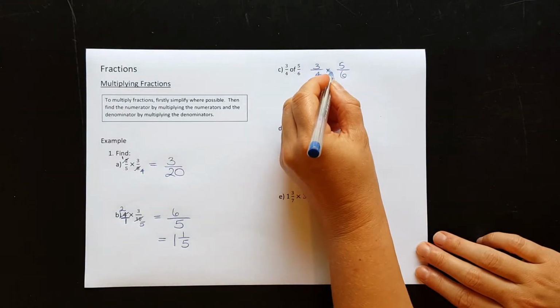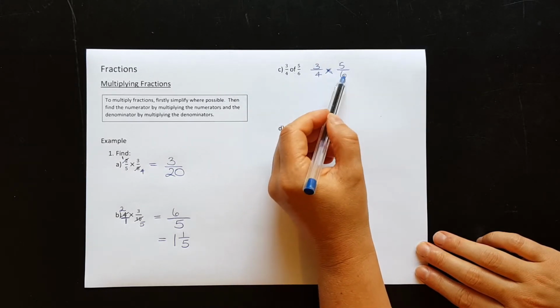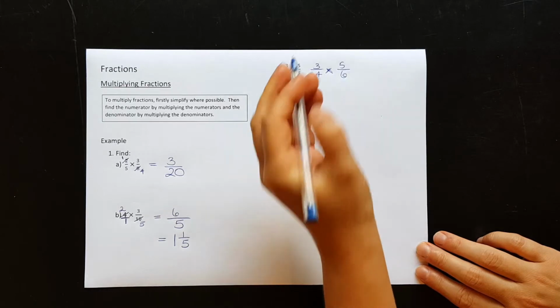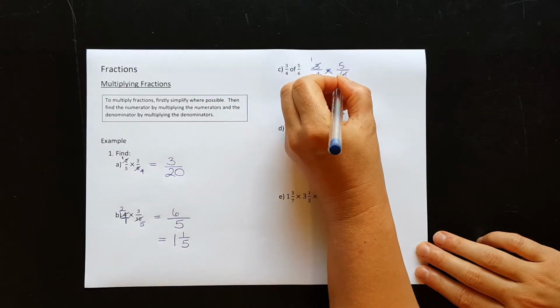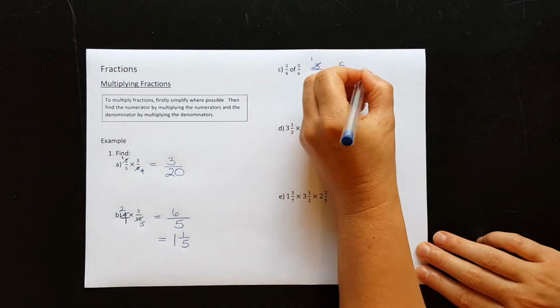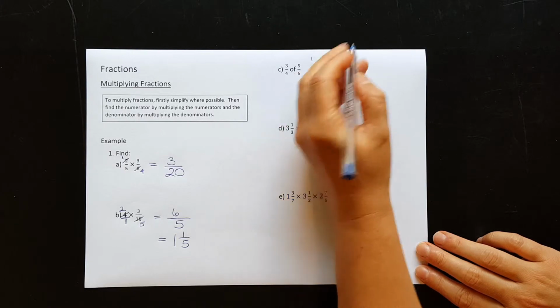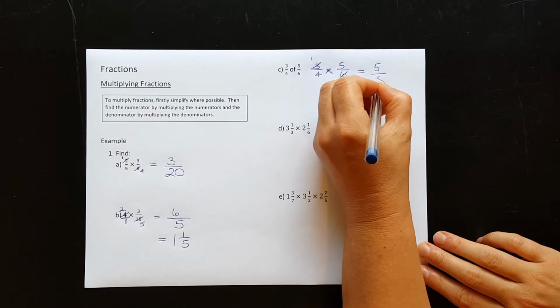It's still multiplying. Looking to simplify, the 3 and the 6 here, they can both be divided by 3. 3 divided by 3 goes once, and 6 divided by 3 goes twice. Multiplying what is left, on the top, 1 times 5 is 5. On the bottom, 4 times 2 is 8.